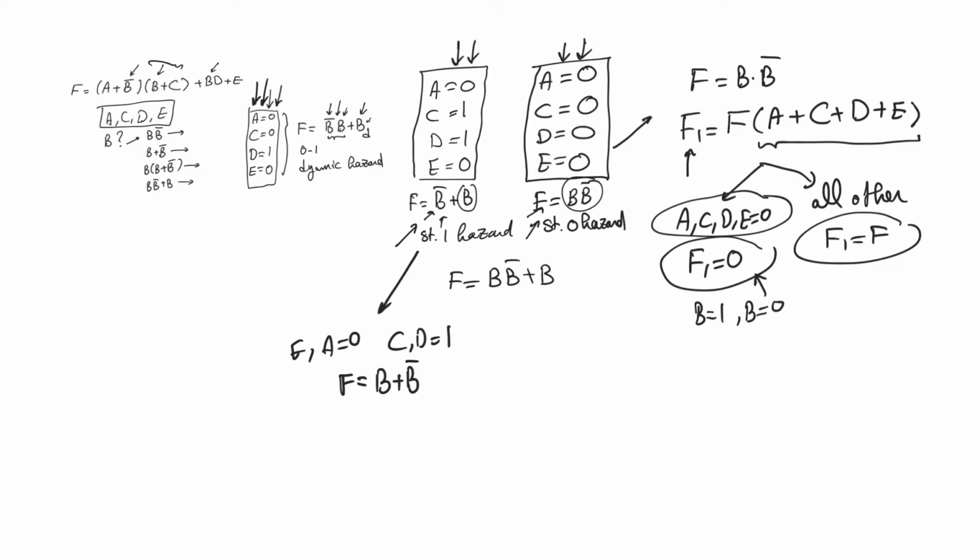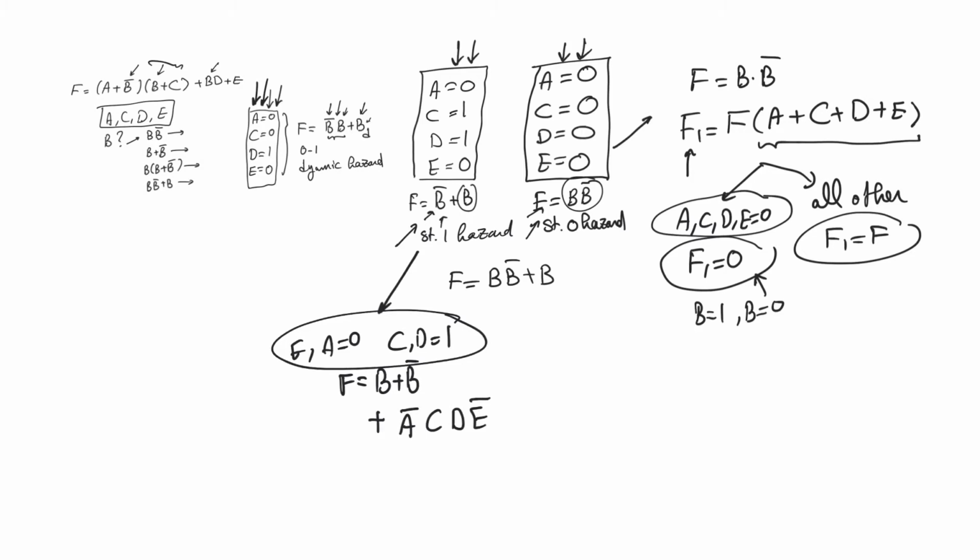It doesn't, though, because of the differential delay of b bar relative to b. So the way to deal with this is to add a new term, in this case, not multiply by a new term. That term is equal to 1 for this input combo of a, c, d, and e. So we have to add the term a bar, c, d, e bar.